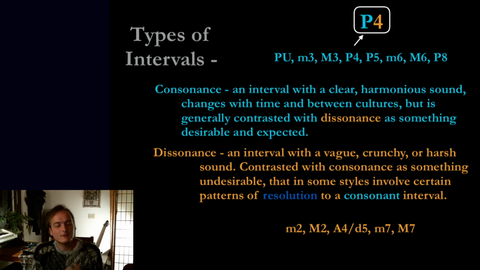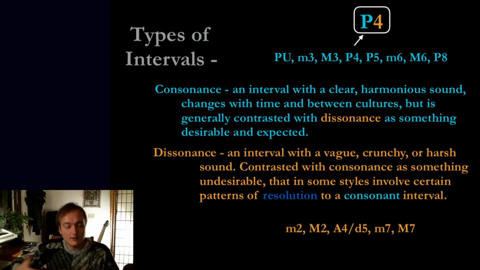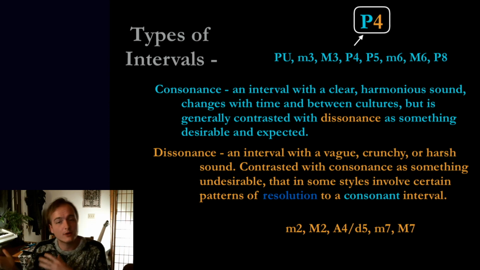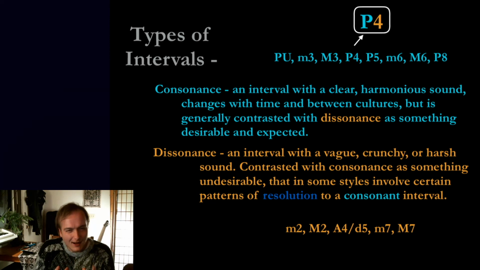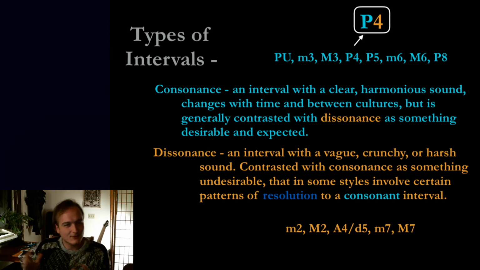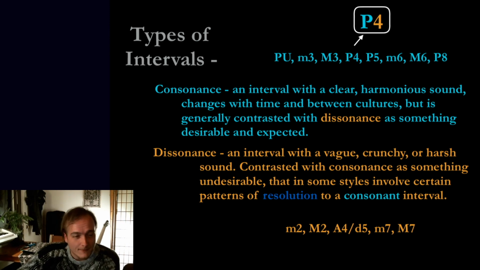When I talk about the relativity of the consonance and dissonance relationship, or the way that they've changed in time and history and culture, even in Western classical music styles, it's really interesting to note that the perfect fourth has gone in and out of being classified as a consonance or a dissonance. So sometimes in history, this was a consonance, and sometimes it was a dissonance.